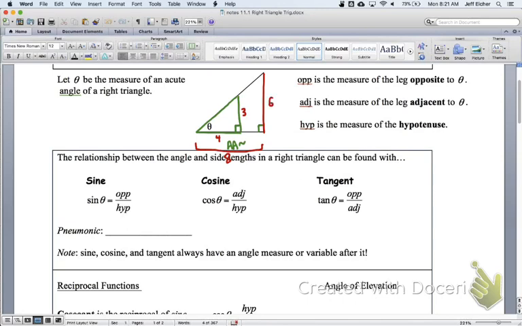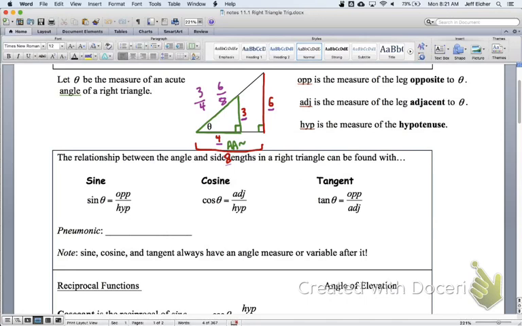So notice the ratio. Let's do the opposite compared to the adjacent side. For theta in the green triangle, the opposite would be 3 over 4. That ratio is the same as the ratio of opposite of theta in the bigger triangle, 6 over 8. Since those ratios are the same, they're both equal to 3/4.